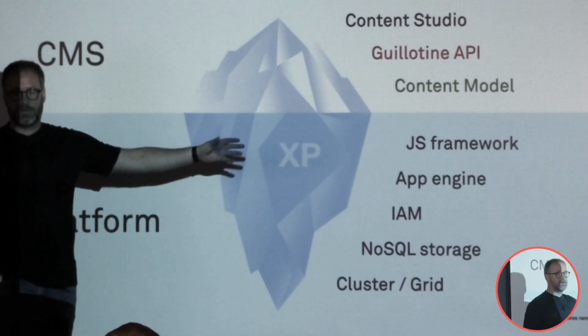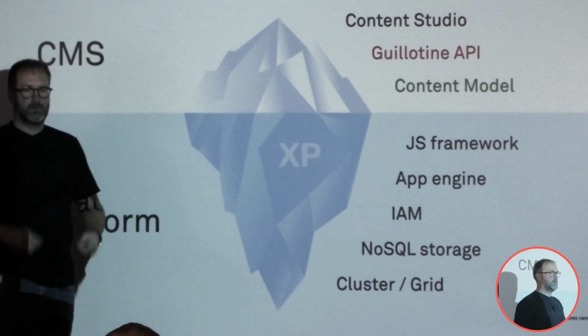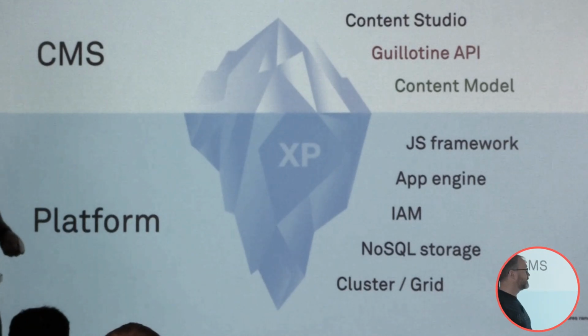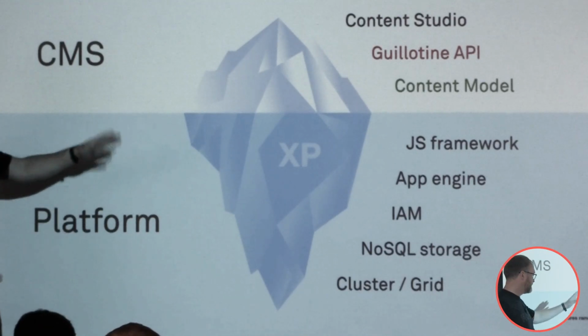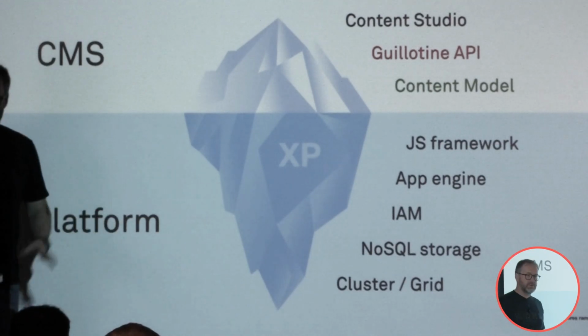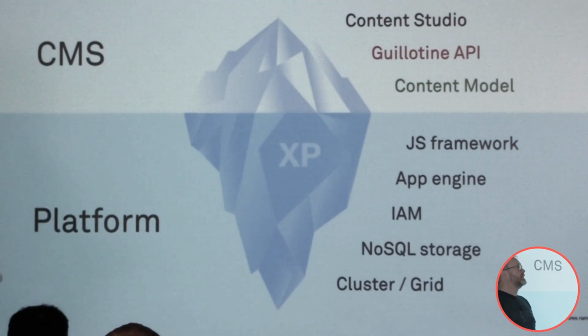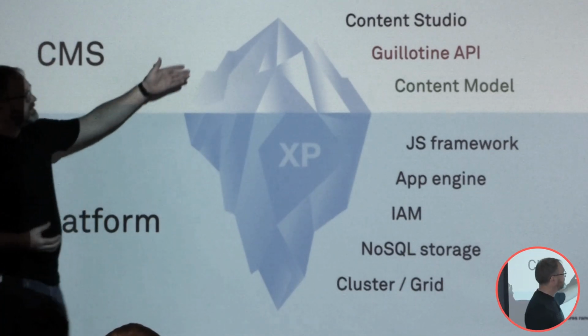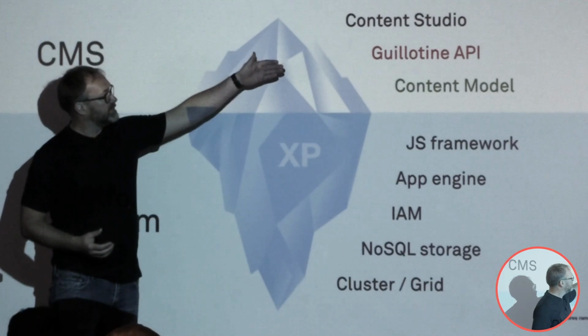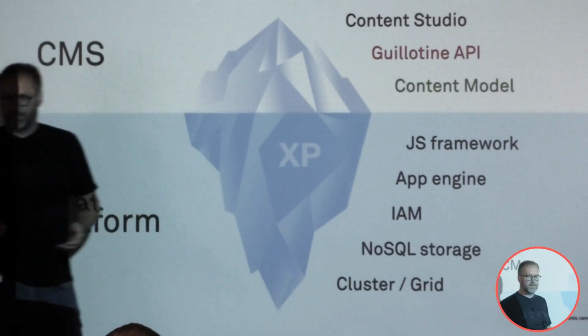So you have, in our case, the JavaScript framework, so you can code and run JavaScript server side, and you can deploy these as applications. You have security and the general storage and all these cool things you can use for virtually any purpose. So it's basically an application stack. And on top of this, you have Content Studio, and you have the Guillotine API and your own model, right?